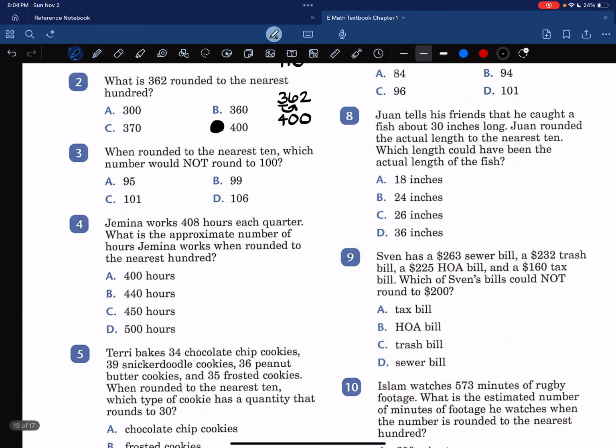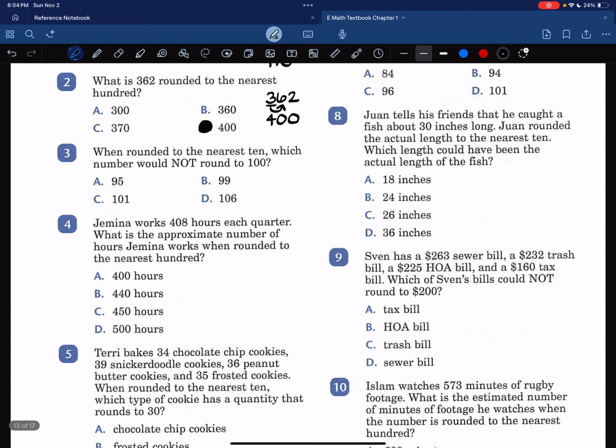When rounded to the nearest 10, which number would not round to 100? Now don't get trapped here. They want us to round to the nearest 10. And they're asking me which one would not be 100.